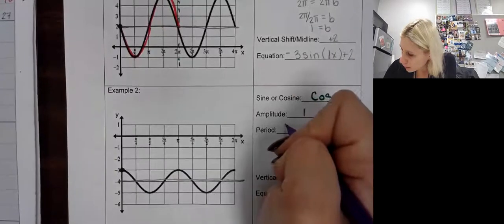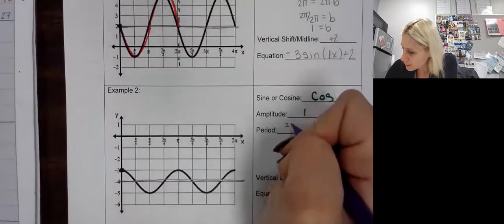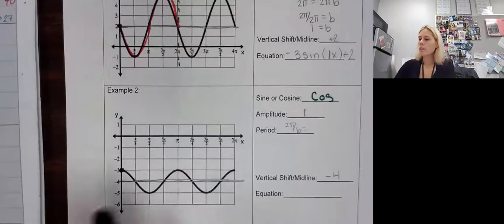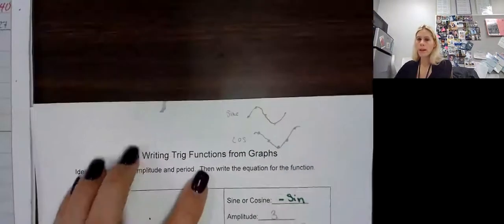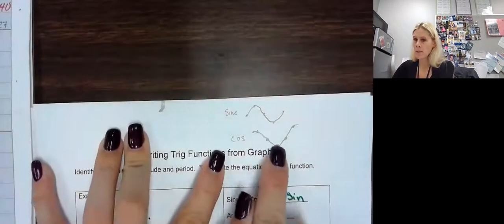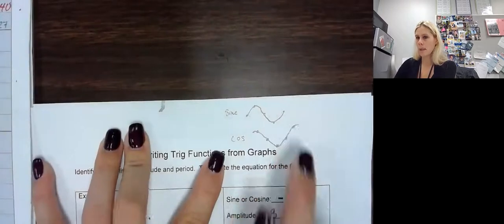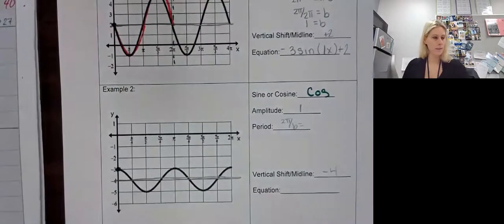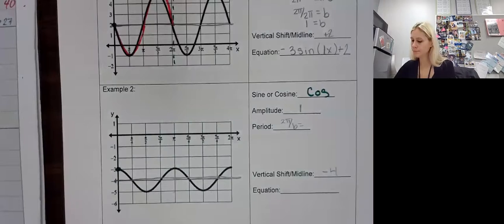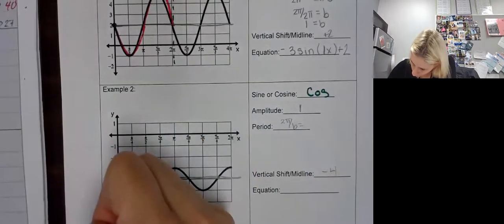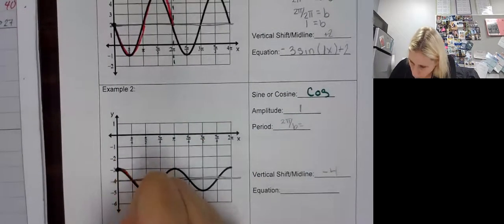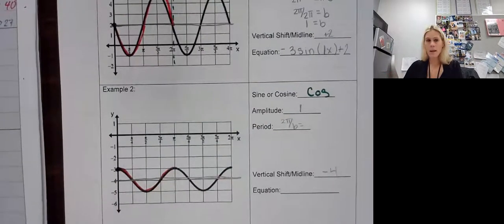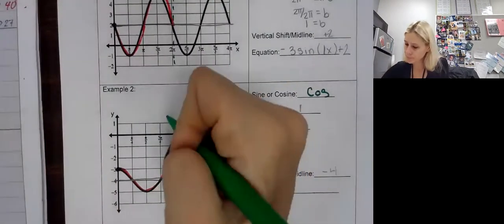Now, let's talk about our period. I'm going to first set this up as 2 pi over b. And then remember, for a whole period for cosine, if I start up, my period ends up. So I'm going to trace that. Get my red. I'm going to wait until I get up again. I get up at, it looks like, pi.